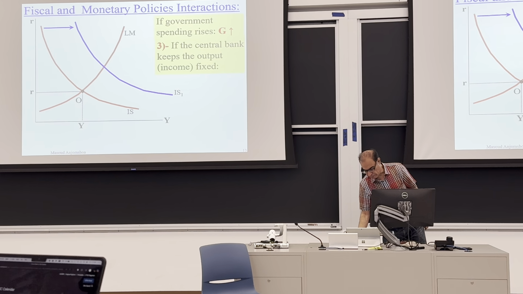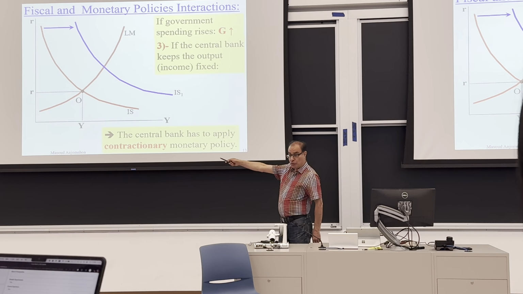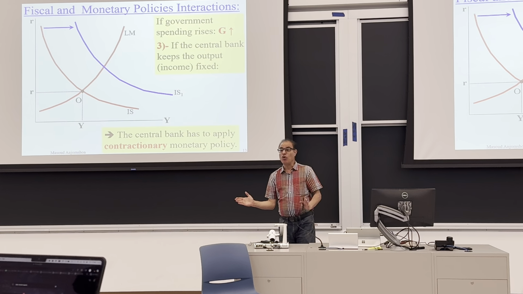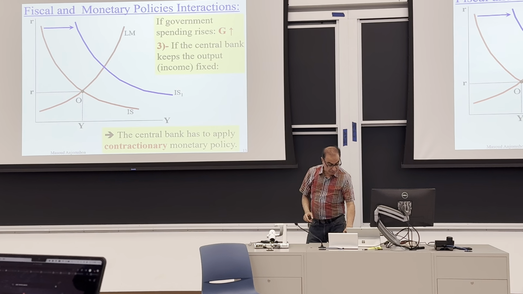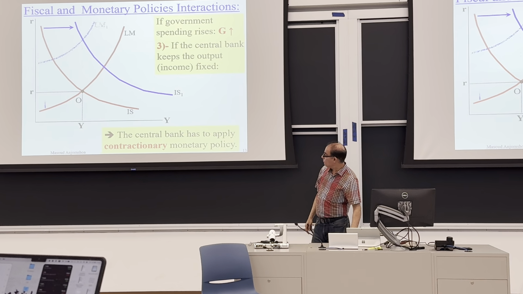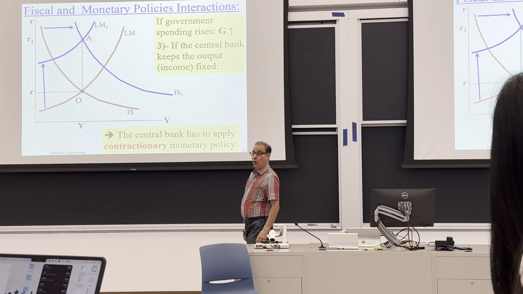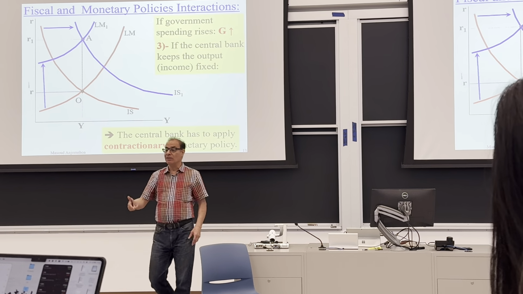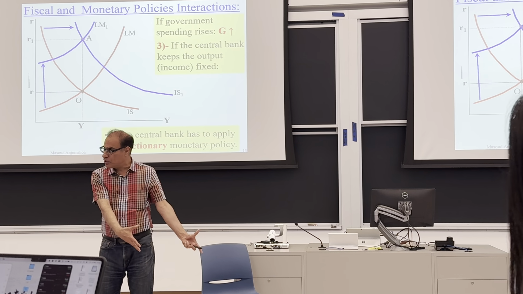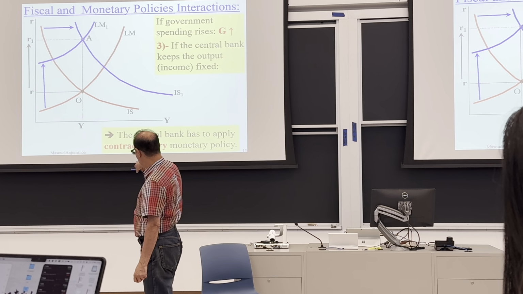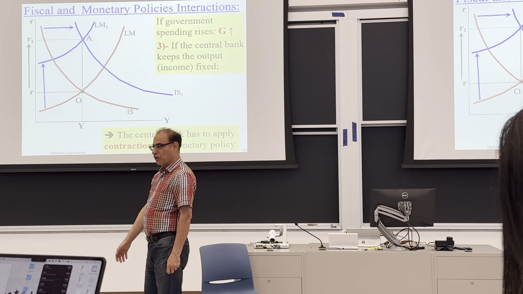So here, if the central bank is supposed to keep output at Y bar, the central bank has to offset fiscal policy by contractionary monetary policy. You see that? Actually, the previous one we call accommodation: the central bank accommodates government spending. Here we are talking about offsetting fiscal policy.